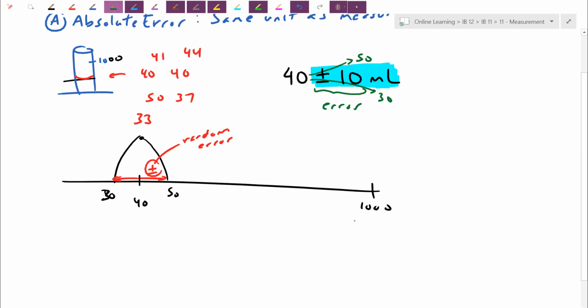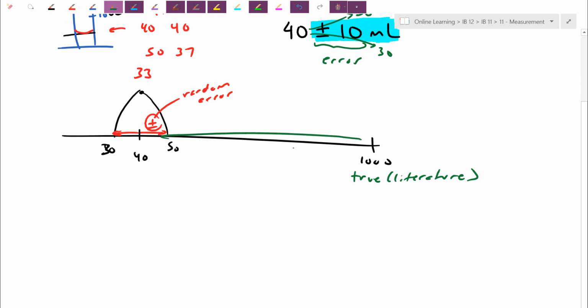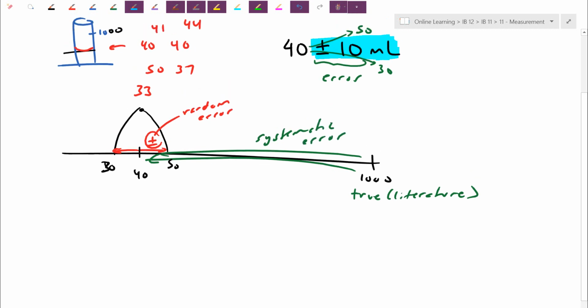Anytime my true value, sometimes you call the true value the literature value, the value that's in the books, the value that you reference to, in that case, this would be a deviation all in one direction, and that deviation would be more so a systematic error. So something was wrong, in this case it was wrong with your equipment, wrong with them to just say 100 when they meant to say 1,000, and that's why all your values are skewed all too tiny.